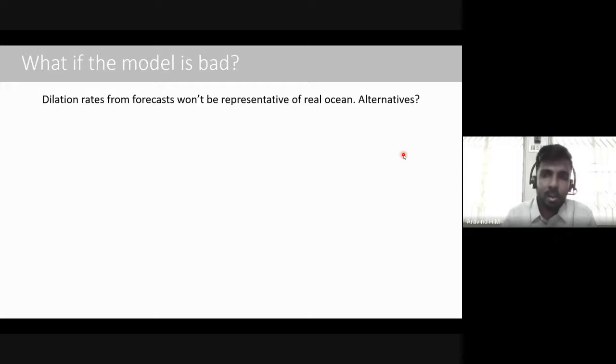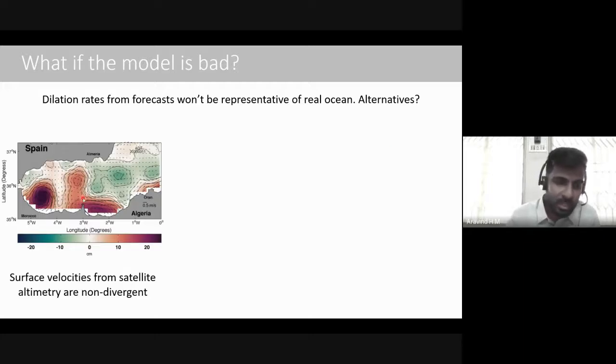Well, one could argue that we could look at these surface currents that we obtain from satellite data and compute dilation rates with the help of this. But the problem is that the surface velocities that we derive from satellite altimetry tend to be non-divergent, and as a result, we don't really see any area contraction or expansion associated with fluid patches.